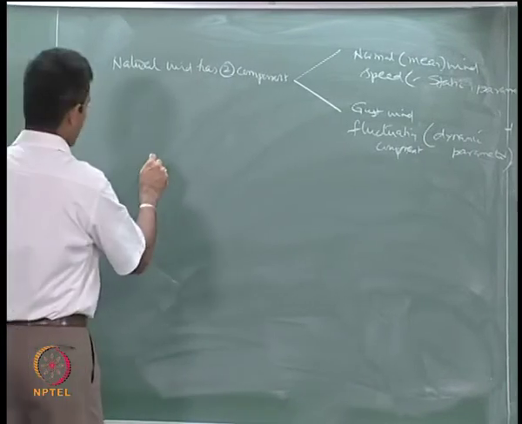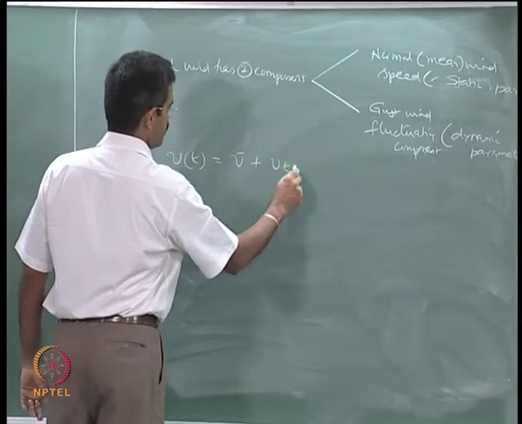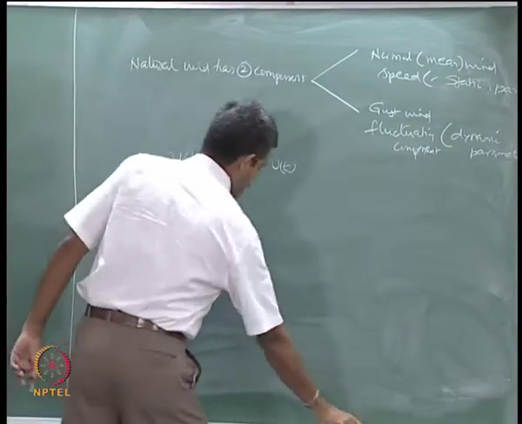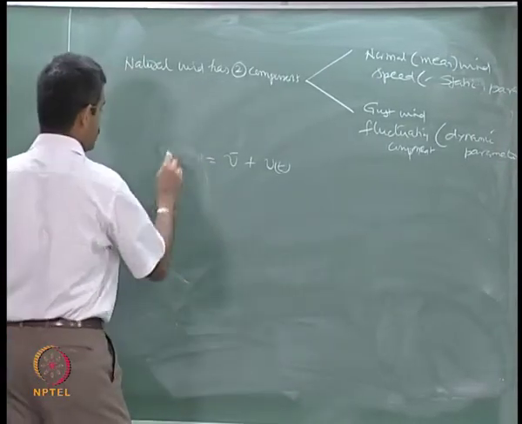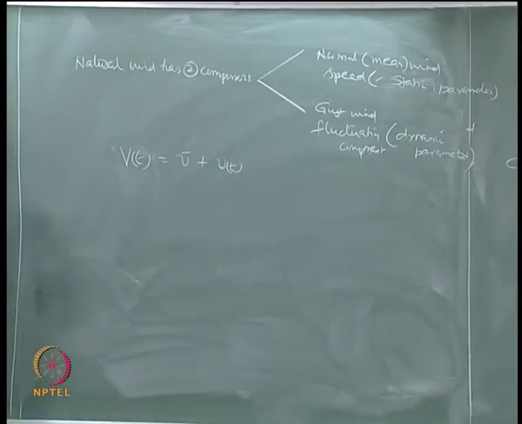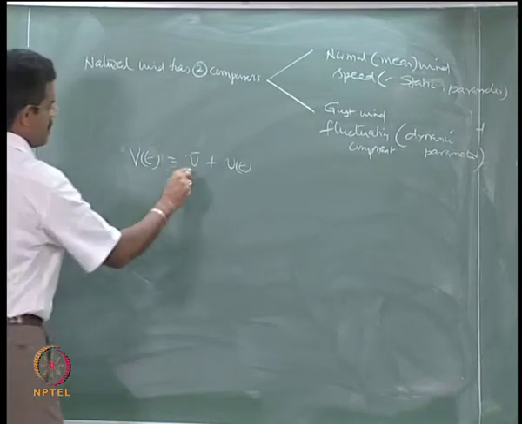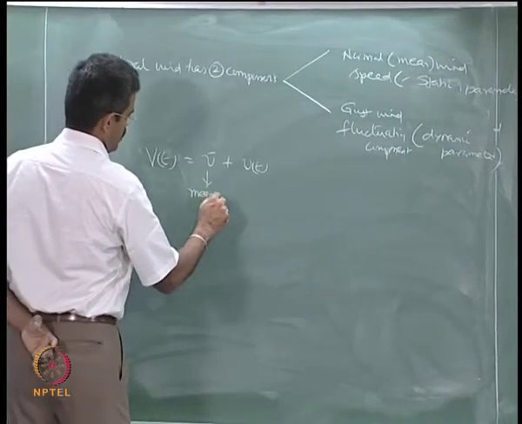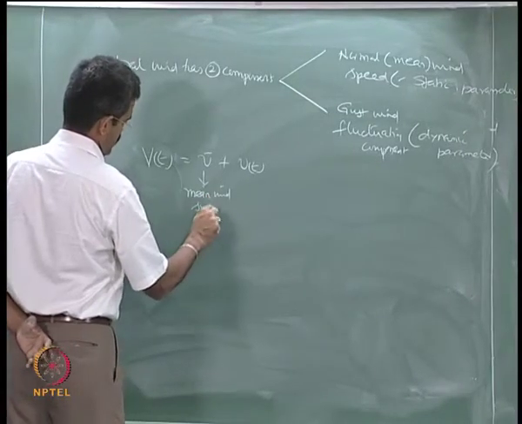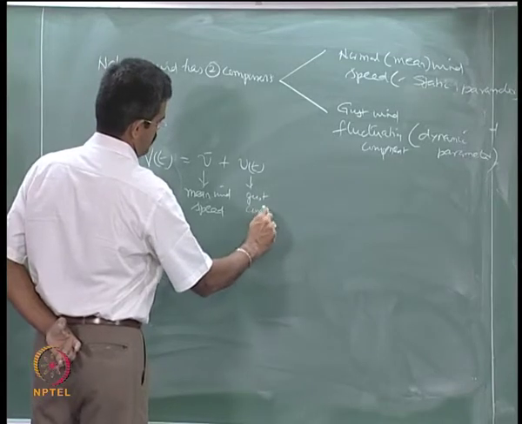So, I can now say velocity of wind can be V bar plus V of t. This is the mean wind speed and this is the gust component.